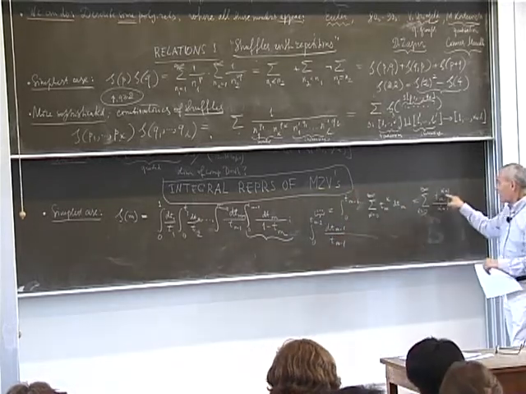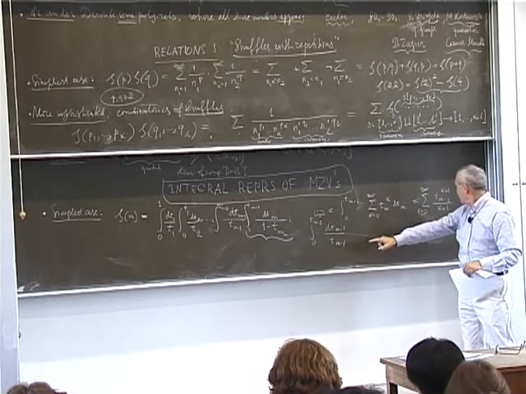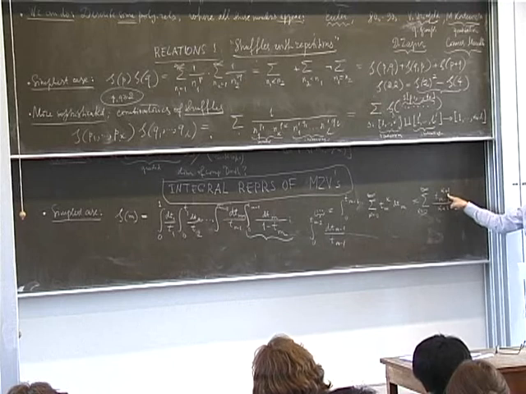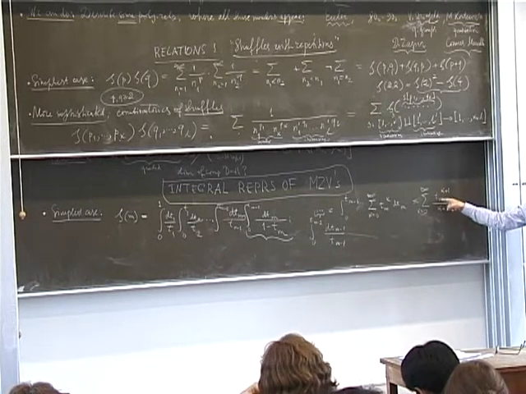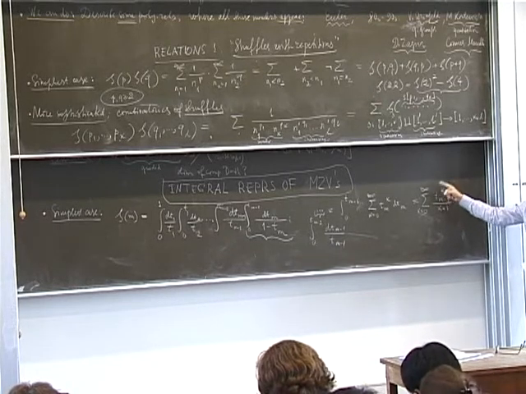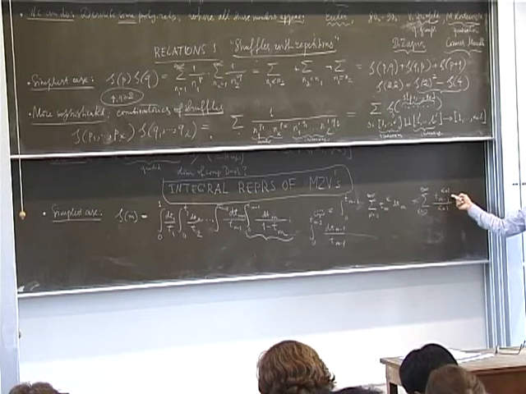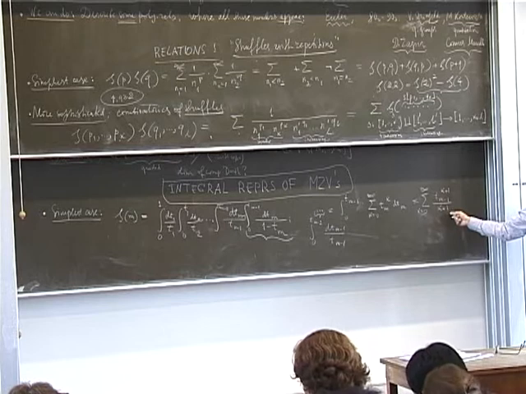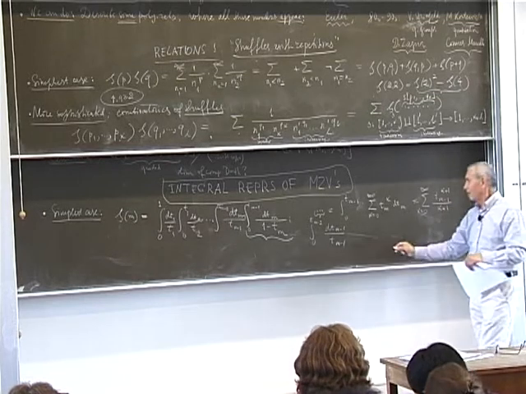Okay, when you divide by t_{m-1}, you get here t_{m-1} to the power k. But then you integrate once again, and the power remains k plus 1, but instead of k plus 1, you have k plus 1 squared this time.